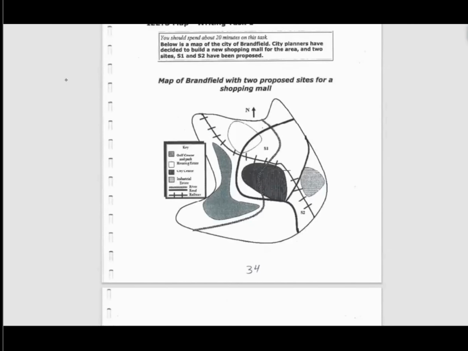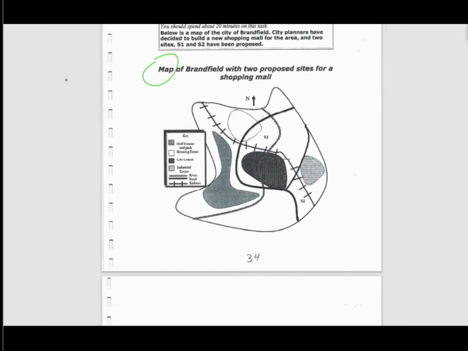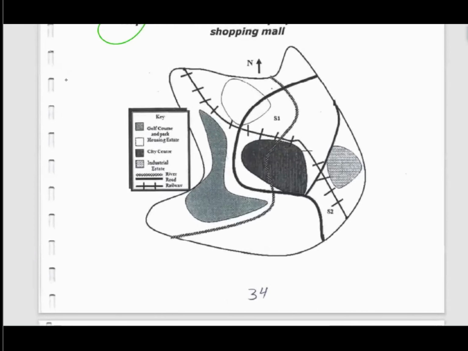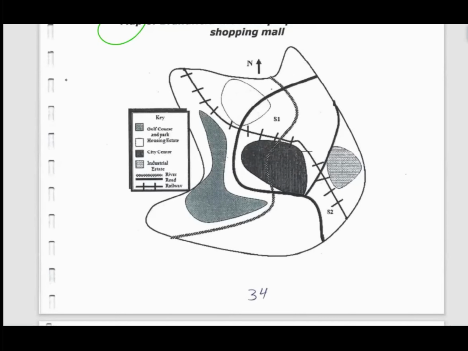And the last type can be a map. It's not very common, but it comes sometimes. If it comes, it's easy. You just need to describe the locations of things. Where are things located?